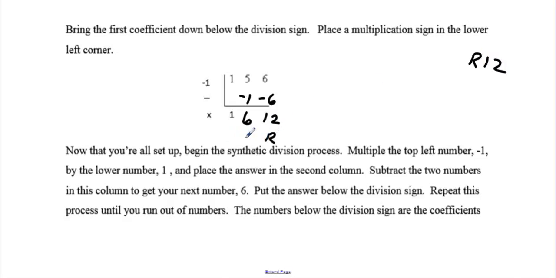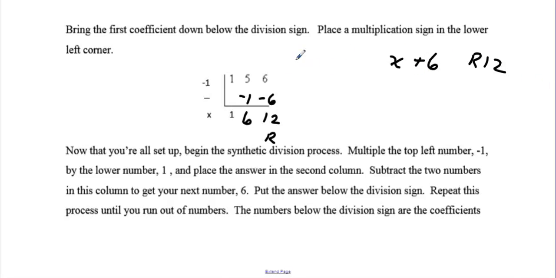This is our constant term, 6. This is our first term, with an exponent of 1, but we don't write that. So x to the 1, and then our constant term, and then our remainder. So this is our quotient, x plus 6, remainder 12.